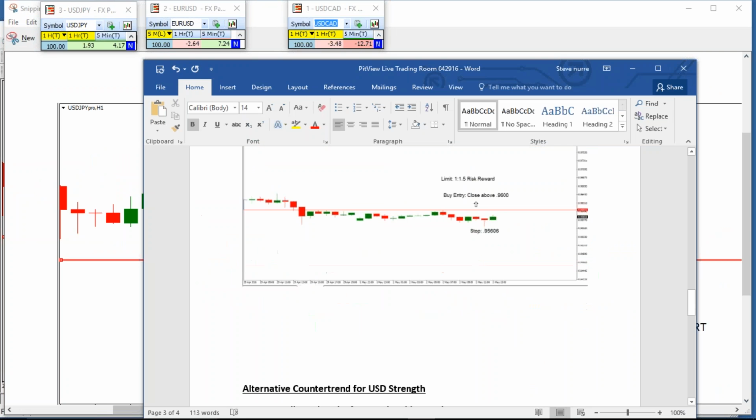And remember, you don't have to take all of these. This is just one of those situations where you can go with a sell into basically a break of consolidation.